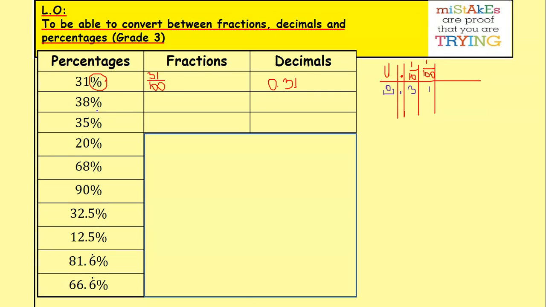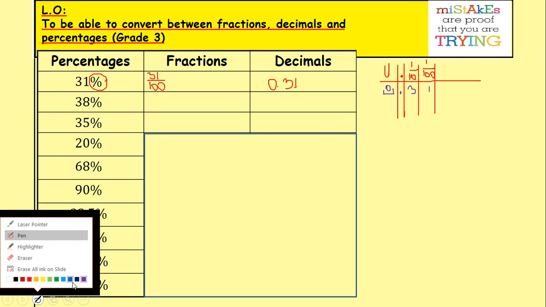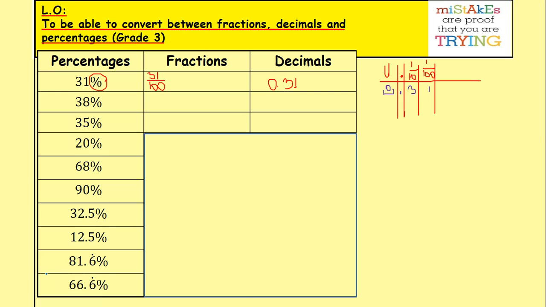Let's see the next one, 38%. Again, we know percentage sign means out of 100, so I can write this as 38 above 100. Now, if I needed to give my answer as a fraction only, I would check if I have a number which is a factor of 38 and 100.